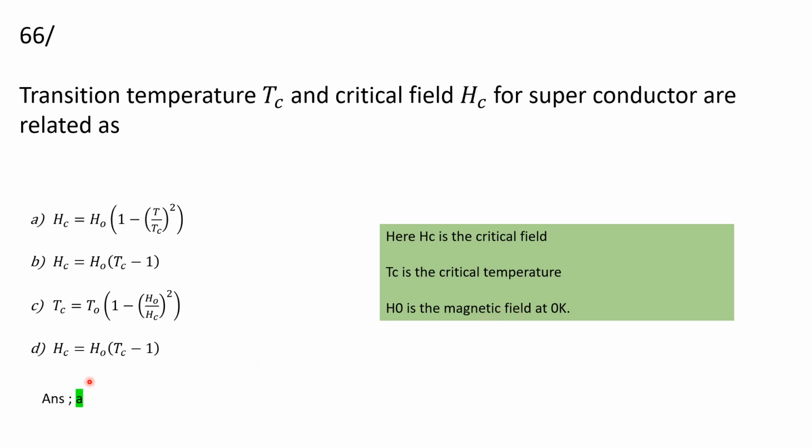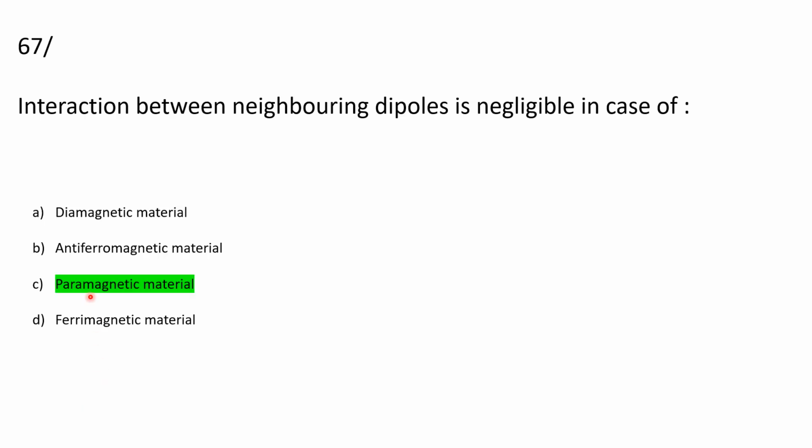So option A is the right answer. Then, interaction between neighboring dipoles is negligible in case of? The options are diamagnetic material, antiferromagnetic material, paramagnetic material, and ferromagnetic material. The correct answer is paramagnetic material, because in paramagnetic material the interaction between neighboring dipoles is negligible.